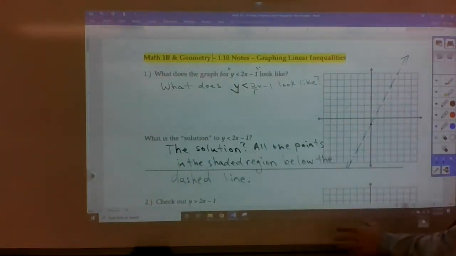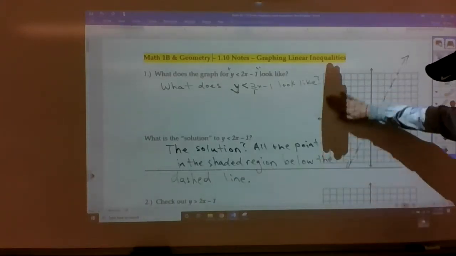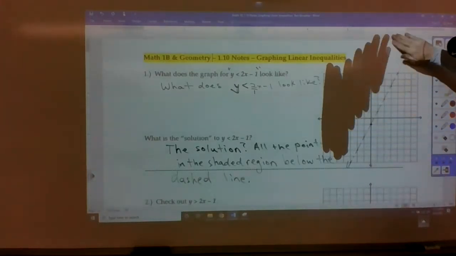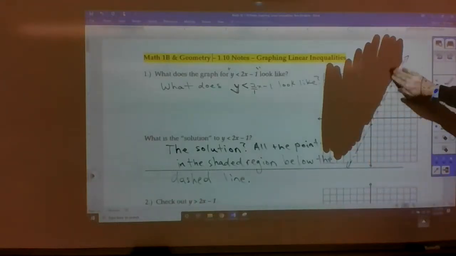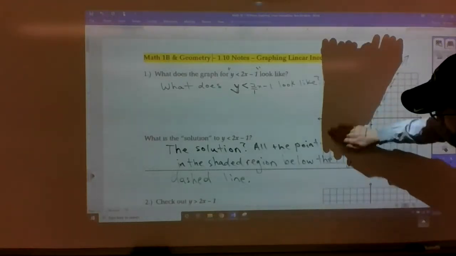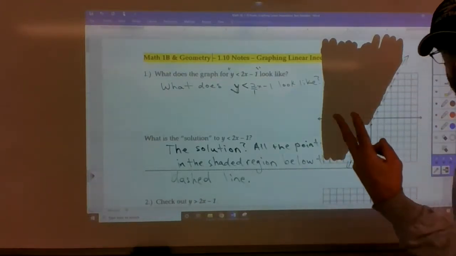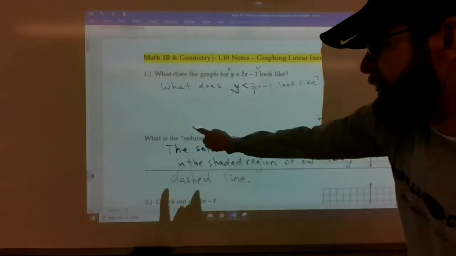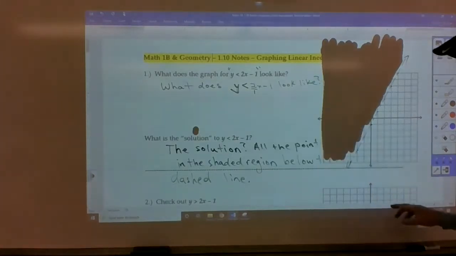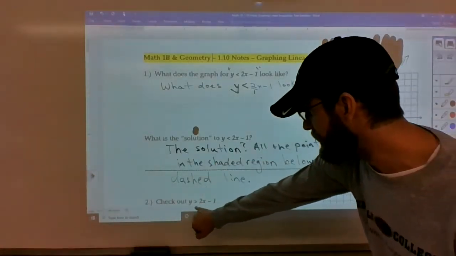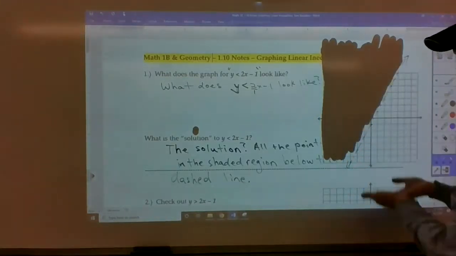The shaded space is going to be all of this above the dashed line. So that's the answer to number 2. The solutions to this are all the dots in the shaded region above the dashed line.